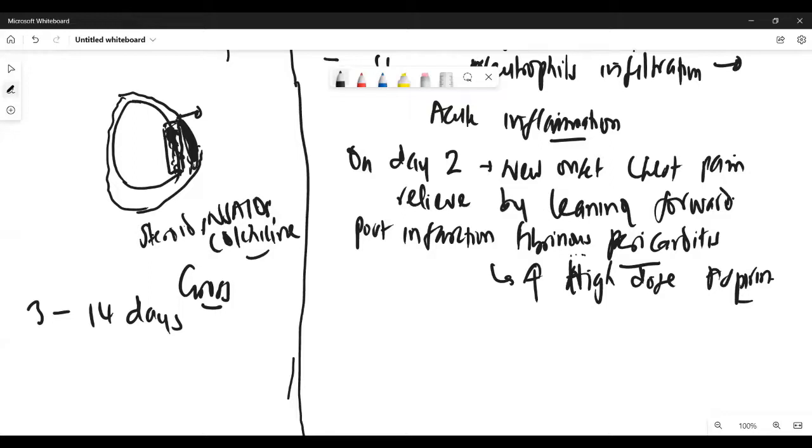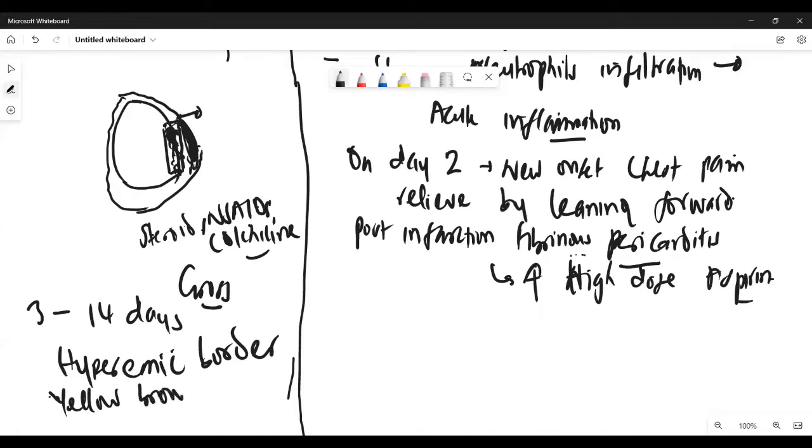Now, because of the inflammation that is going on, there is increased blood flow around that area. That will cause what they call a hyperemic border, so the surrounding area appears red. And of course, in the center of the necrosis, you're still going to see that yellow-brown center.